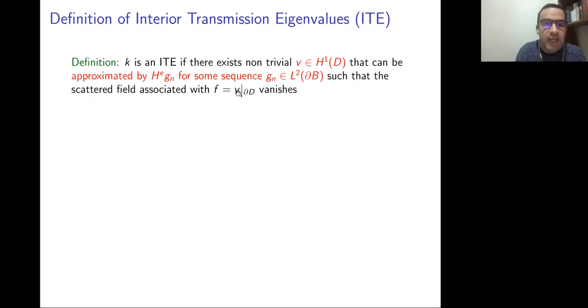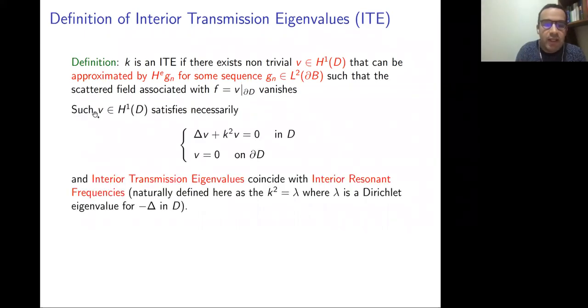So if these k exist, they should be such that the function v inside D is the limit of some singular potential supported by a boundary outside D, so it satisfies automatically the Helmholtz equation. And since the scattered wave is zero, because this is for the Dirichlet problem, this means that the data should be zero. This is what I said.